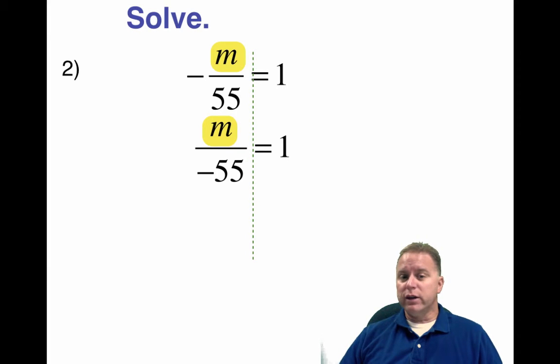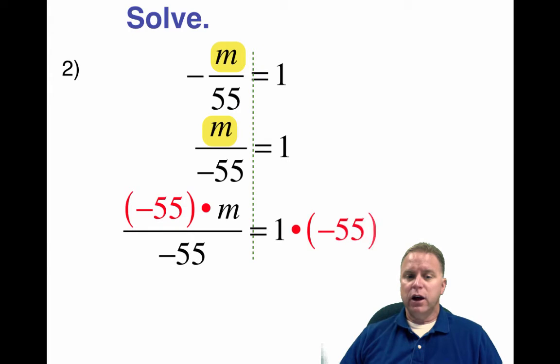All right, so what are they doing to the variable here? They're dividing by -55. Since they're dividing by -55, what are we going to do? The opposite of that. So what is the opposite of dividing by -55? Multiplying both sides by -55, keeping our equation balanced. The -55 over -55, anything over itself is a big fat 1.